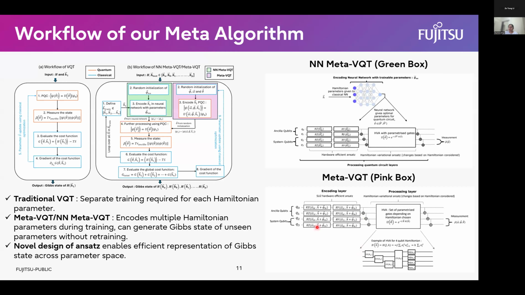Because the Hamiltonian variational part has gates that are chosen according to the Hamiltonian for which we want to prepare the Gibbs state. This helps in capturing the complex correlations appearing in the Gibbs state of the Hamiltonian. So that is why we have this Hamiltonian part followed by a hardware efficient ansatz, as well as a neural network here.